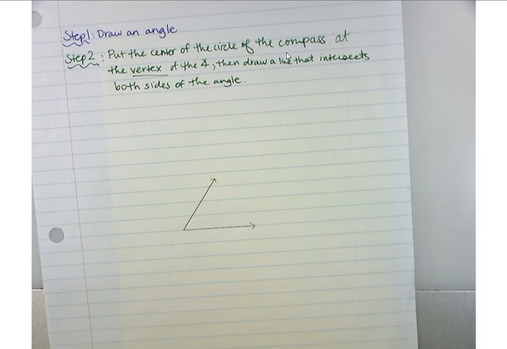So put the center of the circle of the compass at the vertex of the angle, then draw a line that intersects both sides of the angle.